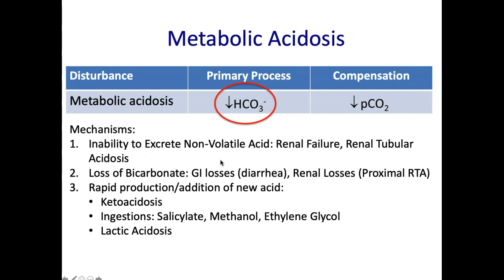Well, this is sort of an easy mechanism. The kidney's not working. Okay, so renal failure, either acute kidney failure or chronic kidney failure, end-stage renal failure. Basically, you can just say if the kidney's not working, that can lead to metabolic acidosis because there's about 1 milliequivalent per kilo of acid generated every day. And if your kidney's not working, that acid's going to build up.